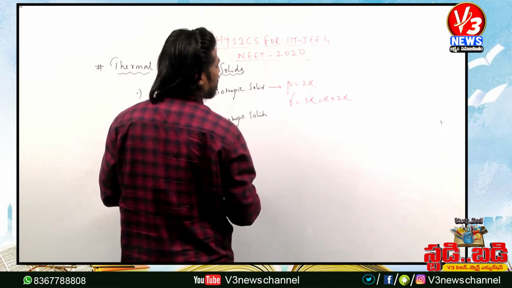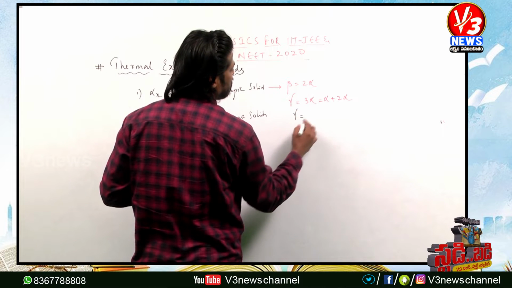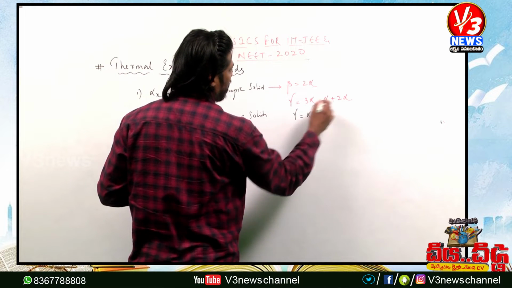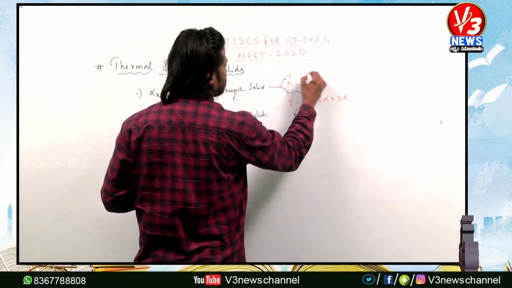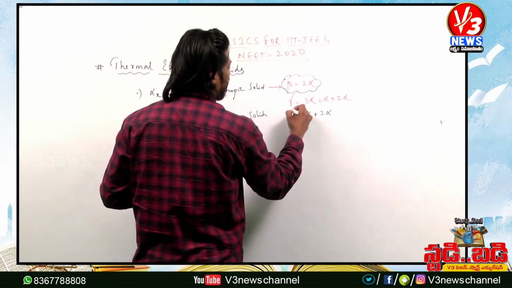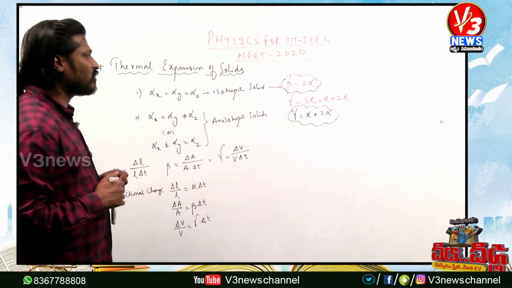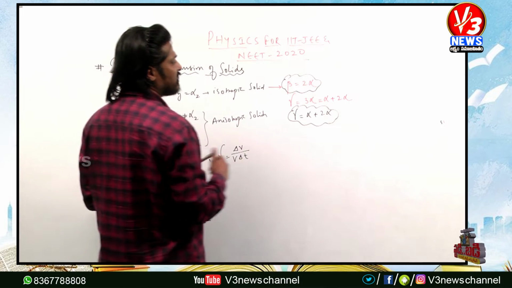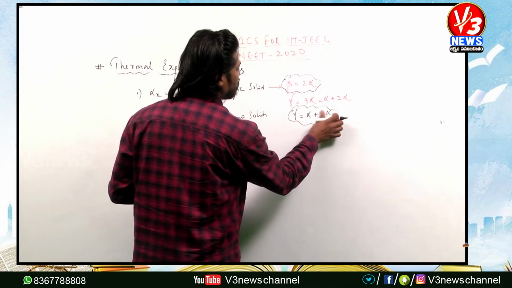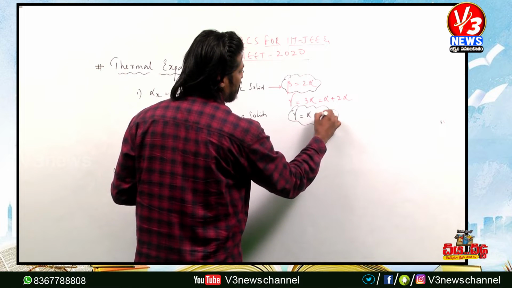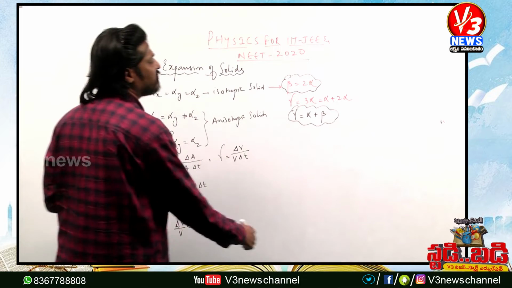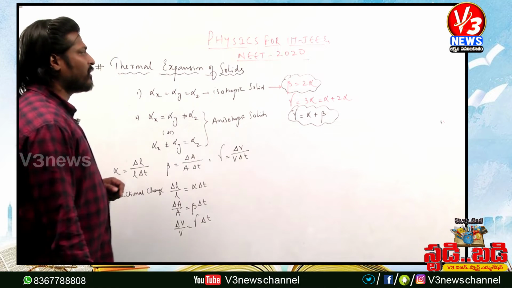So gamma is equal to alpha plus 2 times alpha, and 2 times alpha is nothing but beta. So gamma is equal to alpha plus beta.